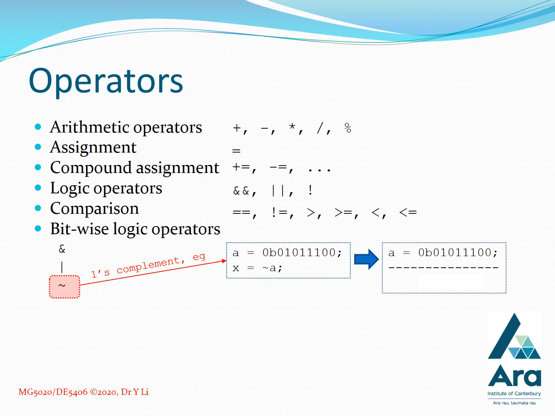So here's how the computer does the operation. It takes the value and changes each bit to its opposite: 0 to 1, 0 to 1, 1 to 0, and then 0 to 1, 1 to 0, and 0 to 1. So that is the ones complement. The value will be assigned back to the variable x.